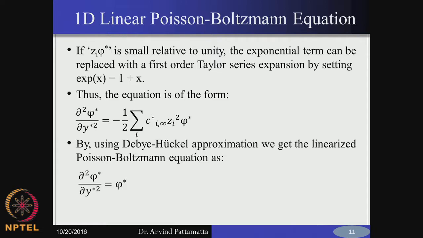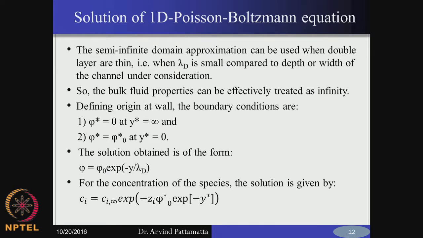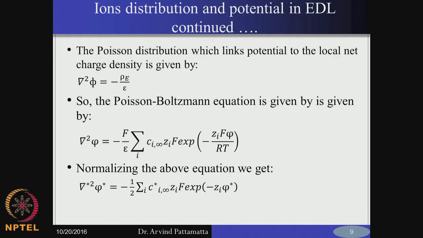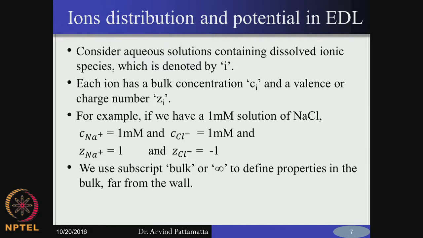But from this part you reach the following form, and this is called the Debye-Huckel approximation. The Debye-Huckel approximation is actually used for cases where you have equimolar aqueous solutions, for example, Na plus Cl minus or K plus Cl minus.